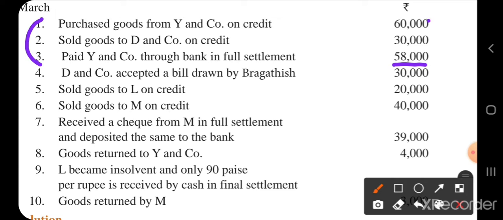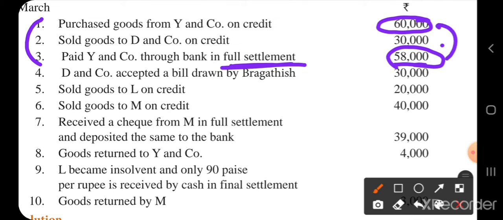You purchased goods for rupees 60,000, and they say the full settlement is made, but only 58,000 they are giving. That means the difference of 2,000 is discount received because they have made it in full settlement. The actual payment they have made is only 58,000. That means 60,000 minus 58,000 is the discount received.